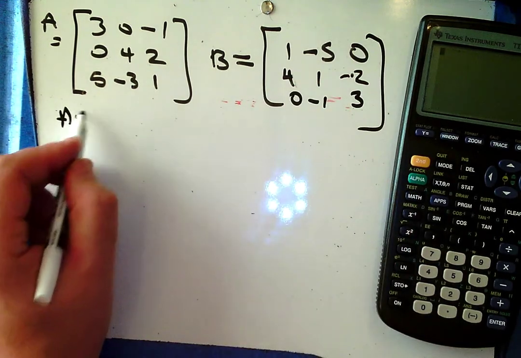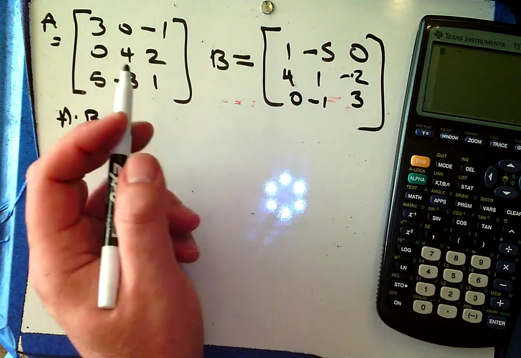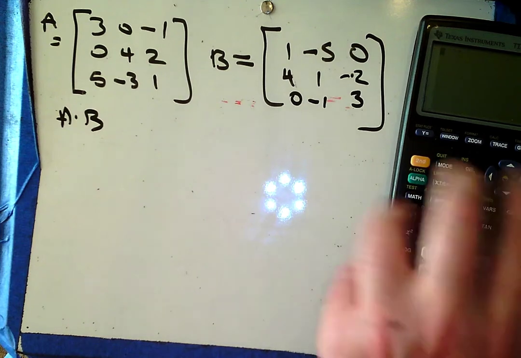Okay, and I want to do A times B. And we know that this 3 by 3 times this 3 by 3 should generate another 3 by 3.